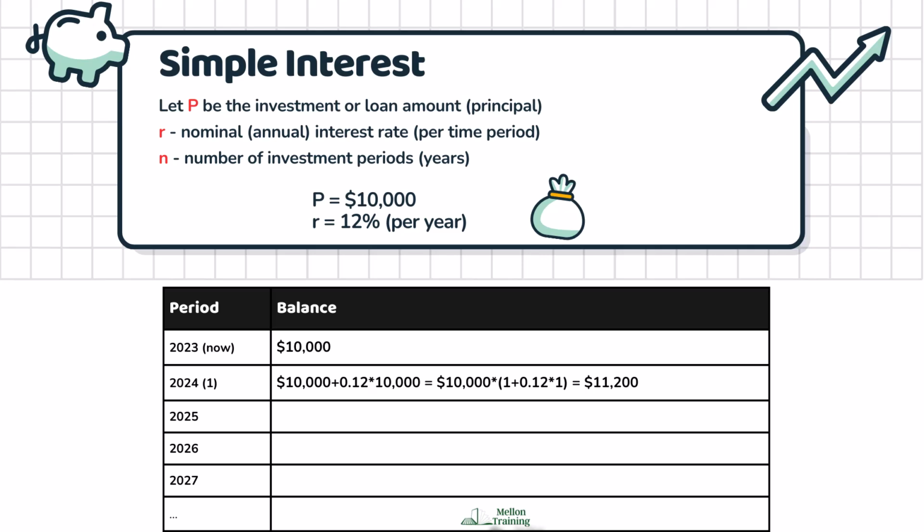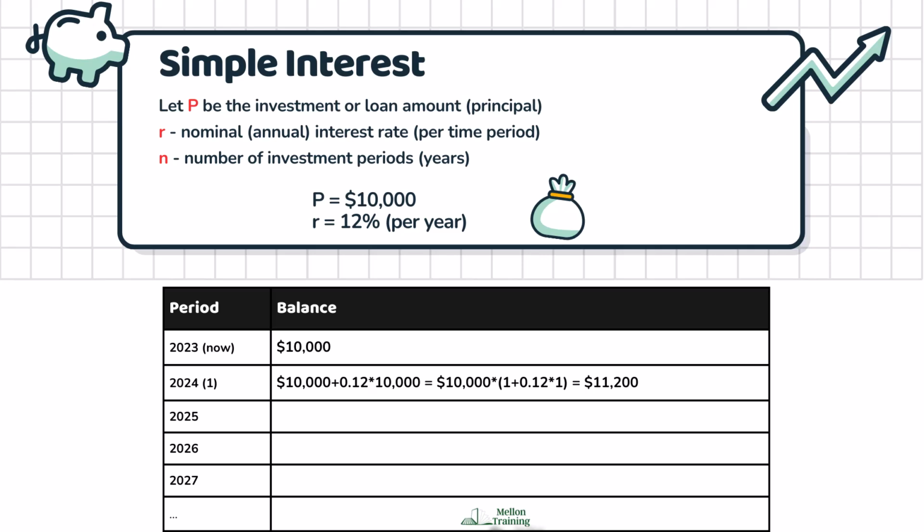And so at the end of the first year, you're going to have $11,200. Notice that I can write this by factoring, right? I have the 10,000 times 1, so that's my original, plus I earned 12%, and this has happened over 1 year. And you're going to see why I'm doing this times 1, which is not really necessary, but so that you can get a sense of how this is going to help us know what we have in the bank recursively, okay?